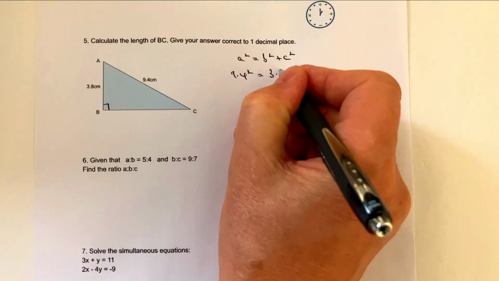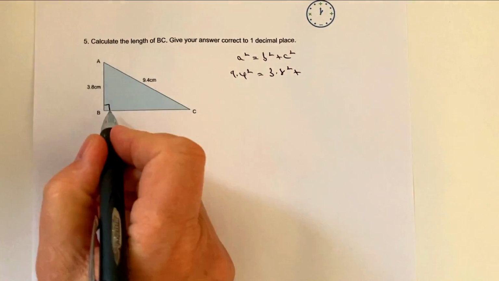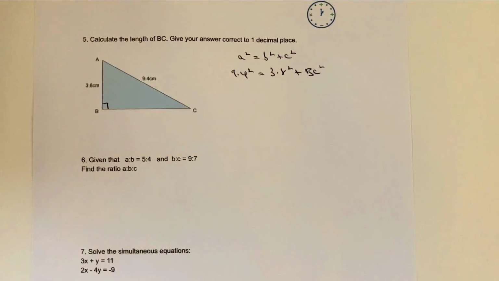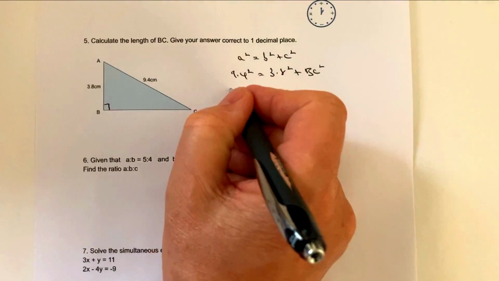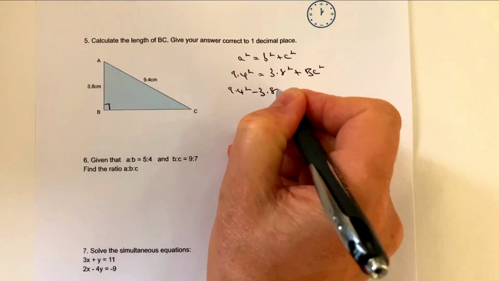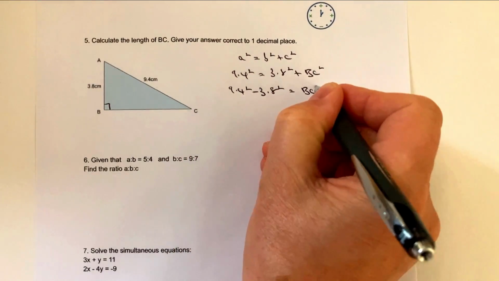So 3.8 squared plus this, which we don't know, but we know it's going to be BC squared. So therefore it's really just a case of changing things around and making BC squared the subject of this particular equation. So what I would do is I would say 9.4 squared minus 3.8 squared equals BC squared.